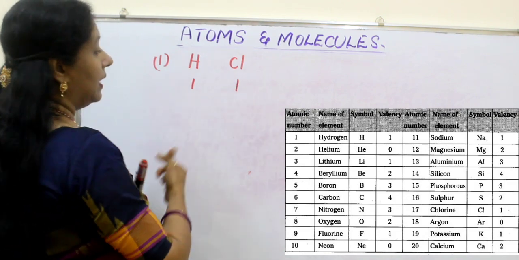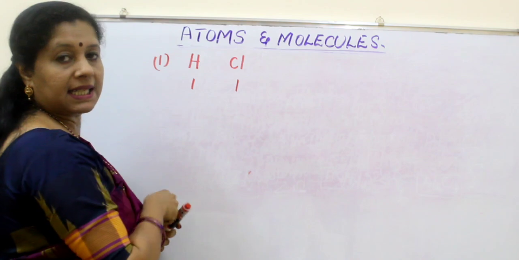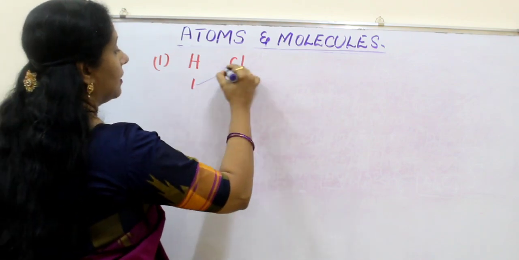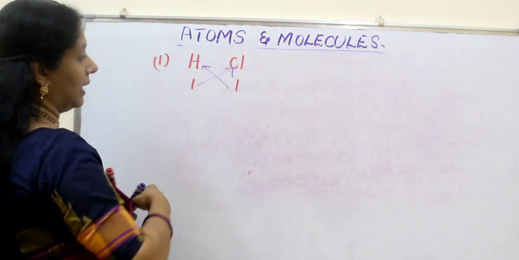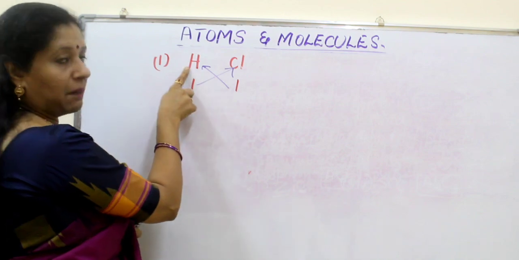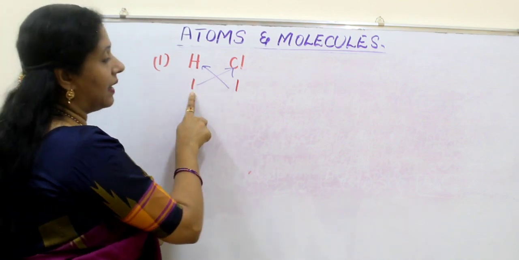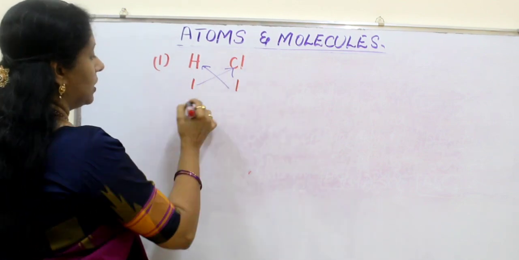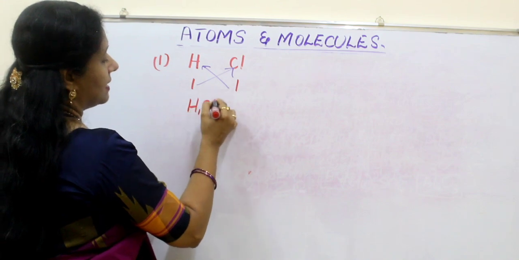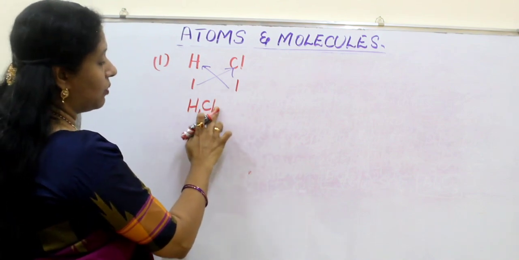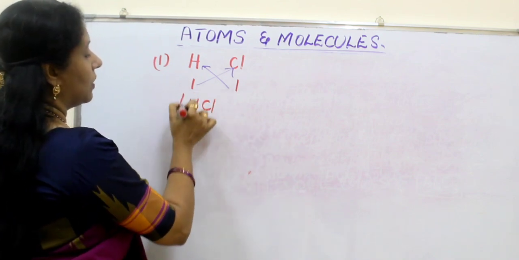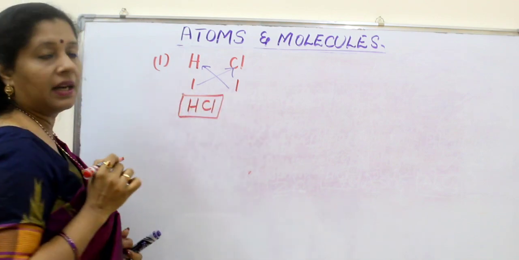So we will write the valency below that. But now we will be crisscrossing it so that the valency of chlorine will be applicable to hydrogen, and the valency of hydrogen to the chlorine. So it will become H1Cl1. If both are 1, no need to write. So what is the formula of hydrogen chloride?